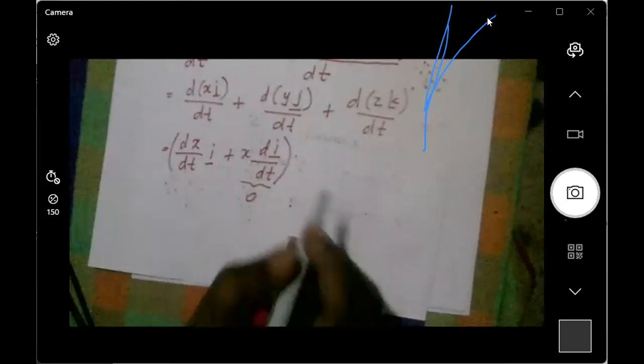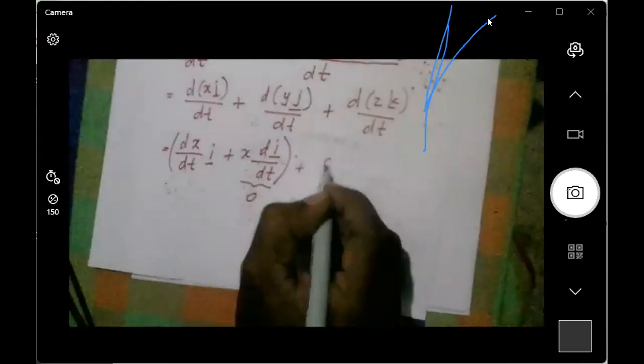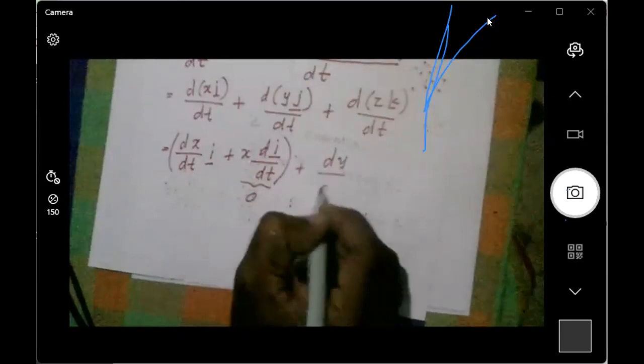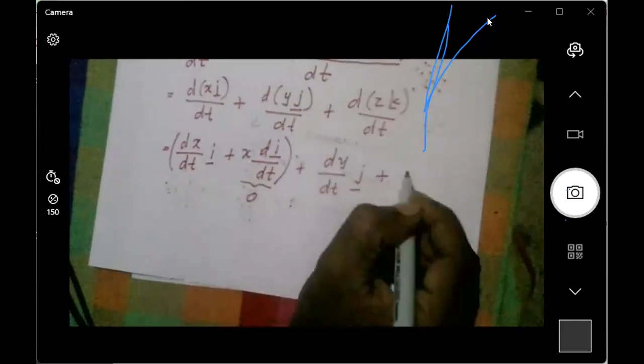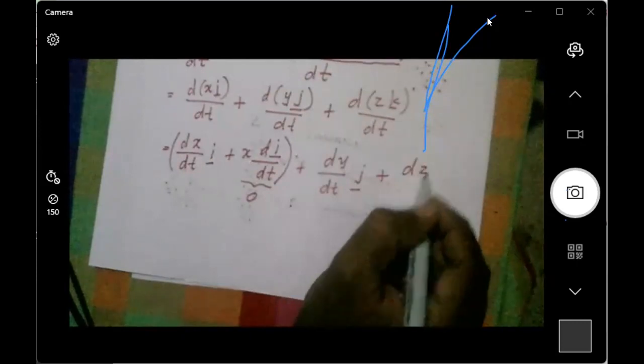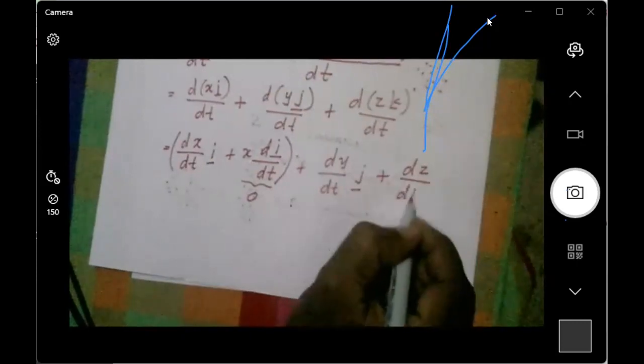In the same way, we can get dy over dt into j plus dz over dt into k.